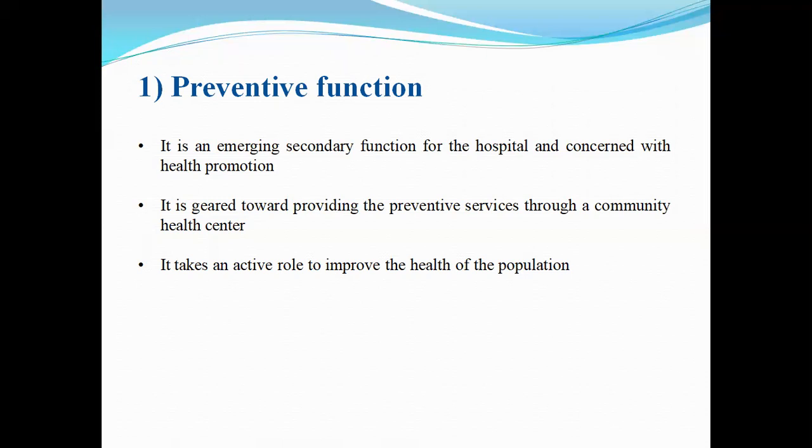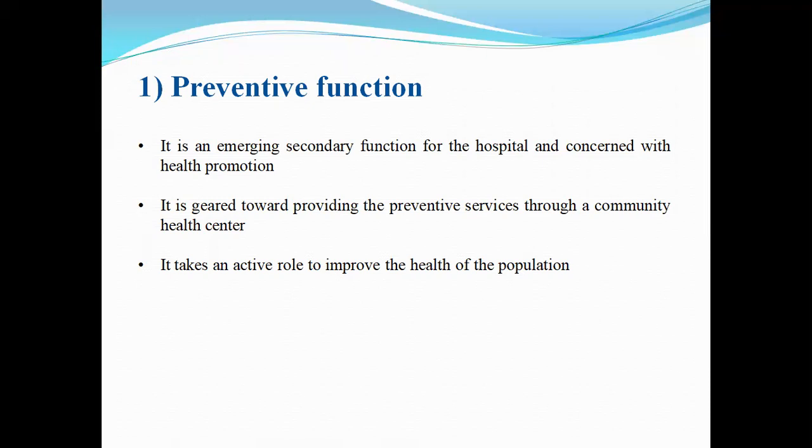We can also say that it takes an active role to improve the health of the population. If in a particular population there has been some disease, for example in some portions of India, or in West Bengal, in some districts the pregnant mothers are anemic, the hospitals are playing an active role to improve the health of such populations.